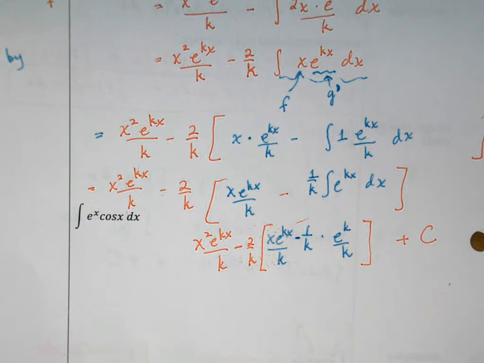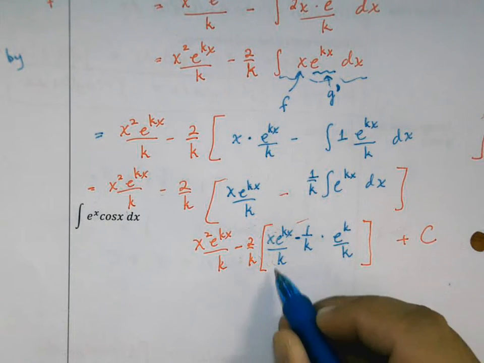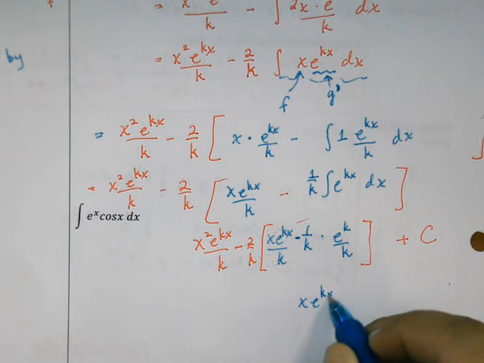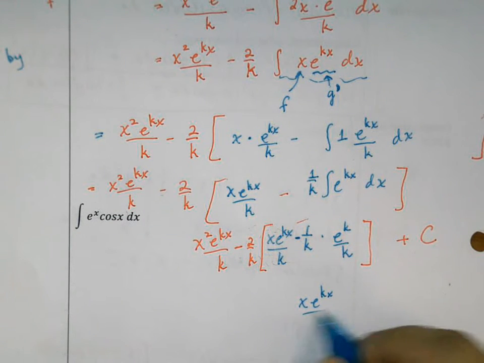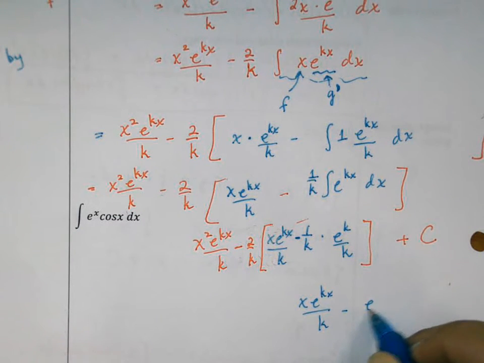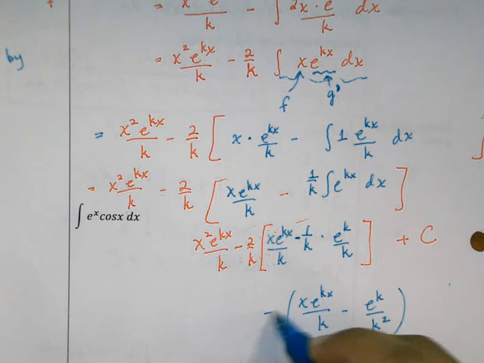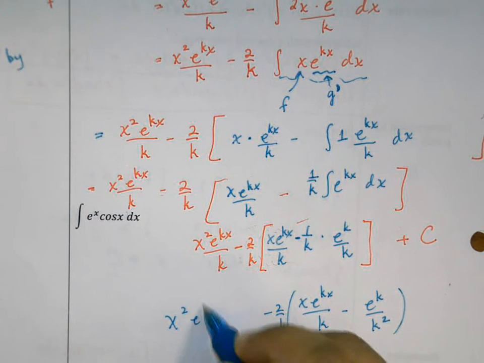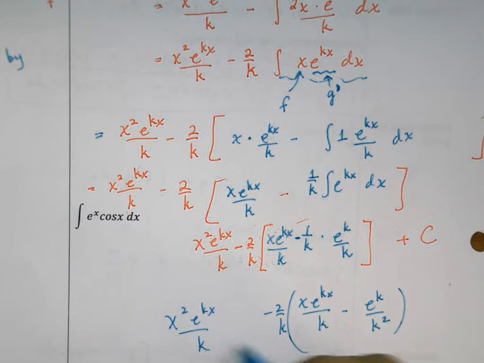All right. So to simplify, inside of these brackets we get x e to the kx over k minus e to the kx over k squared. And that whole thing gets multiplied by negative 2 over k, and you still have x squared e to the kx over k out here.